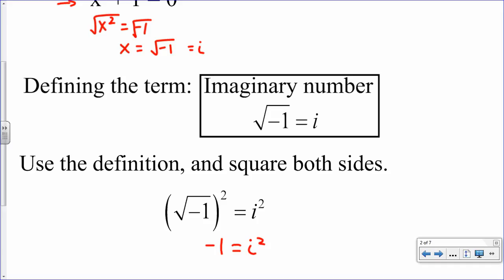So when you square a square root, you end up with just what was underneath. So negative 1 is i squared. Anytime you're solving or simplifying with i, and you see an i squared, you need to replace it with negative 1.